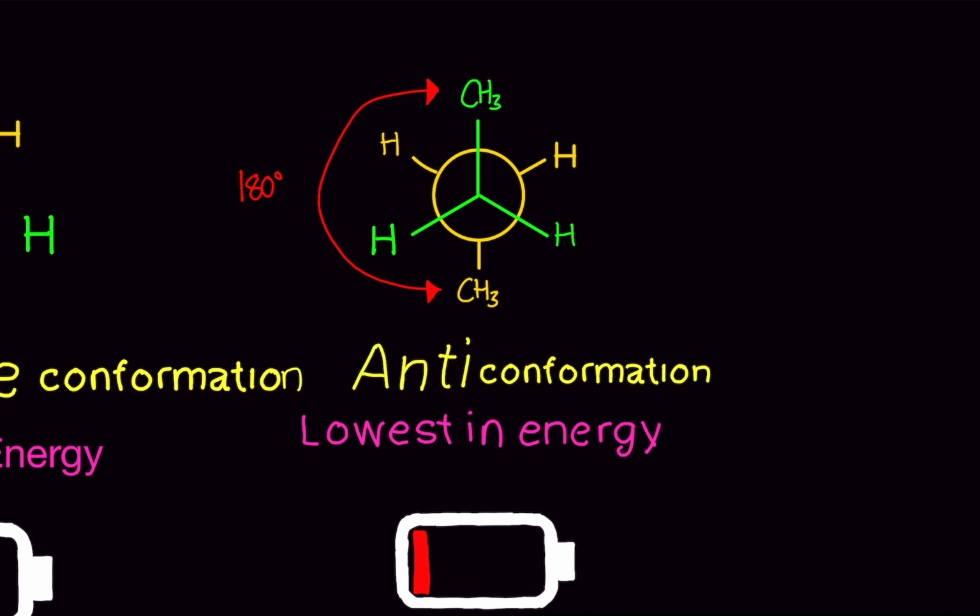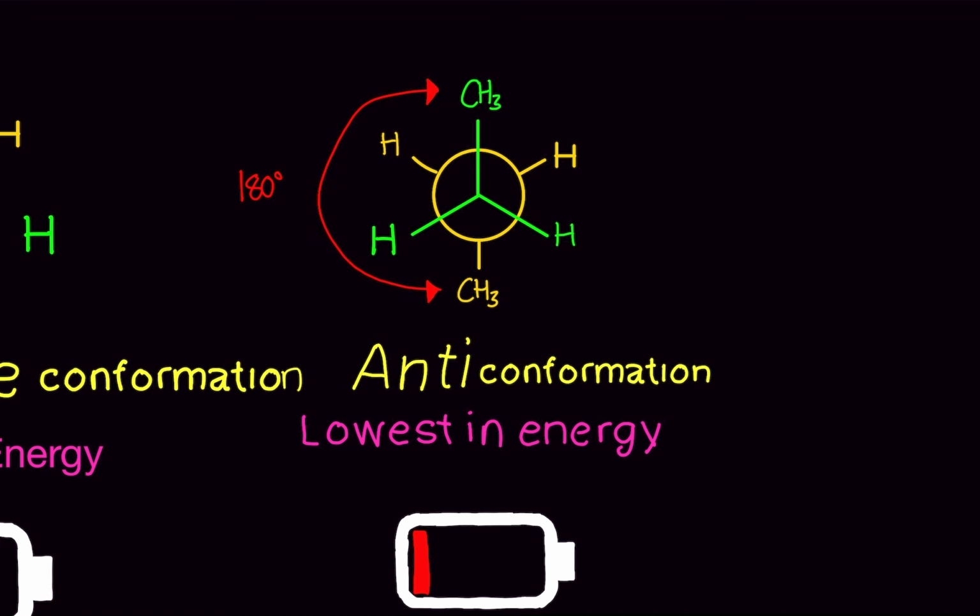This is when the bulkiest group attached to the front carbon is 180 degrees away from the bulkiest group on the back carbon. Remember, the green part right here is the front carbon, and the yellowish looking one is the back carbon. So the CH3 is the bulkiest group on the front carbon, and the CH3 is the bulkiest group on the back carbon, and they're 180 degrees away.